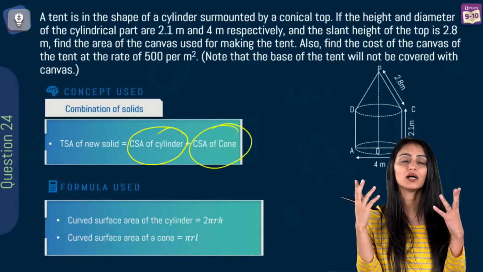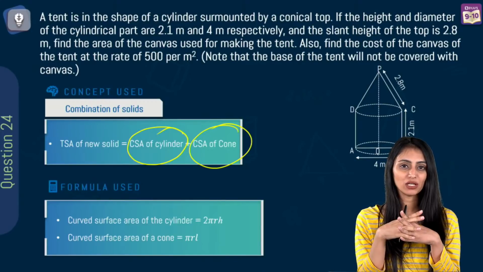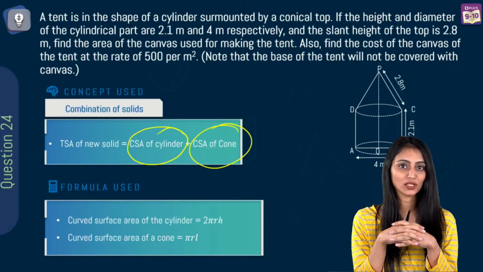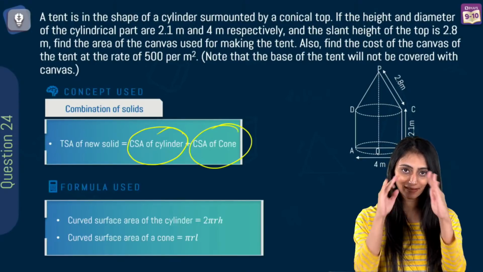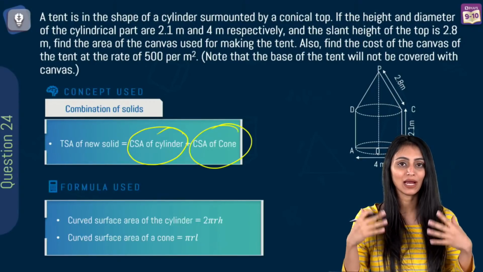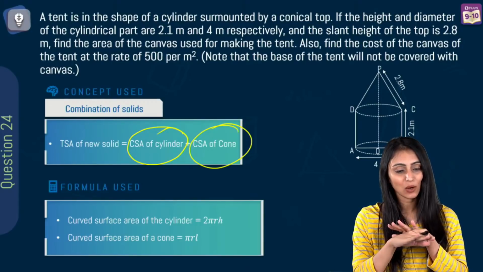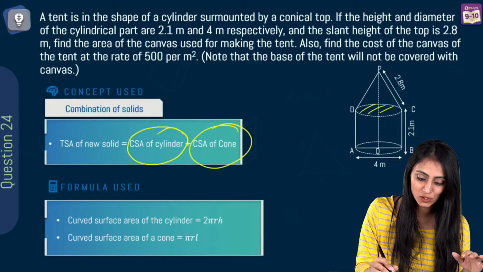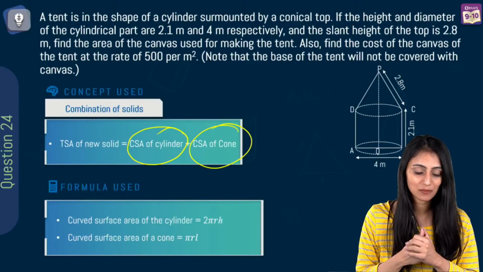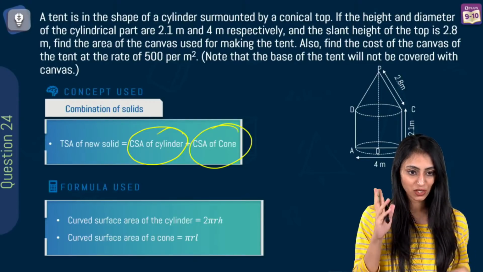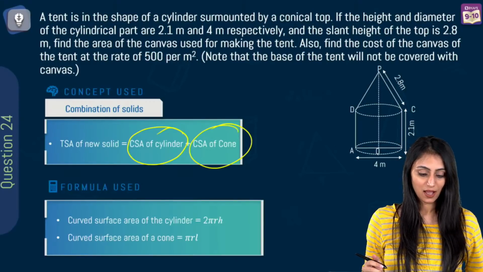Just imagine a tent. Generally we find such tents in a circus. There is a cylindrical tent and at the top of it there is a conical tent. At the bottom there is nothing, and here also it is open. That's why we are finding the curved surface area. Yes, Megha, that's important, and I will be discussing that question in a while. Don't worry.